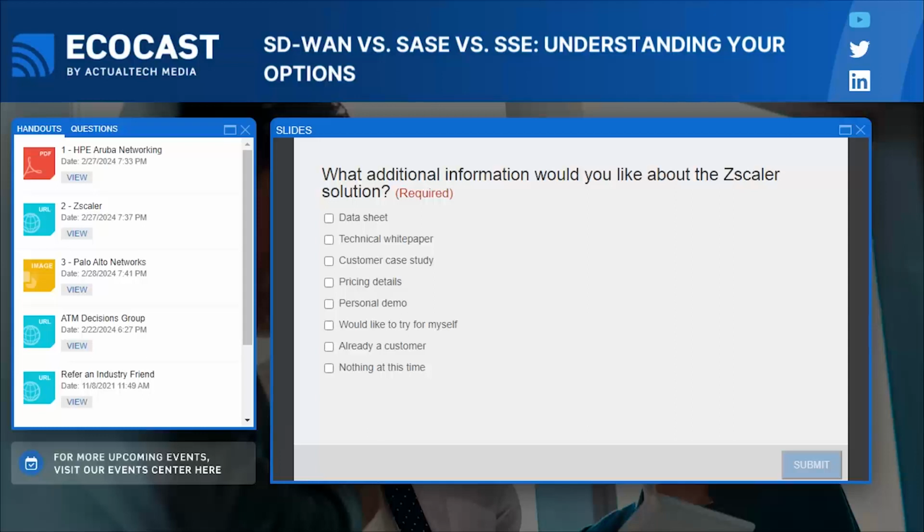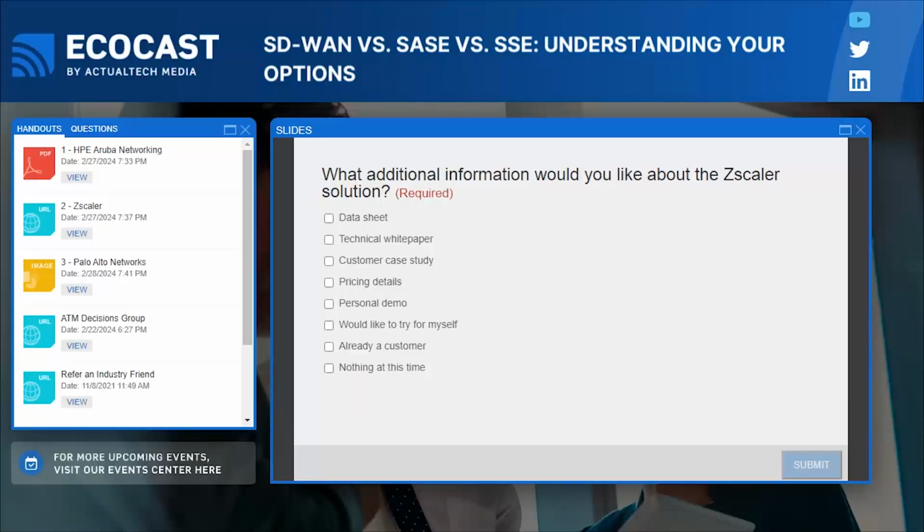Our advice would be to really understand, if you look at Gartner, they recommend very similar things, where you are on your progression from an SSE perspective, SD-WAN perspective, to make a decision about whether you want to go for a single vendor SASE solution like Zscaler or some of the others on this webcast, or if you want to use an SSE solution that is security focused and, like Zscaler, quite network agnostic.